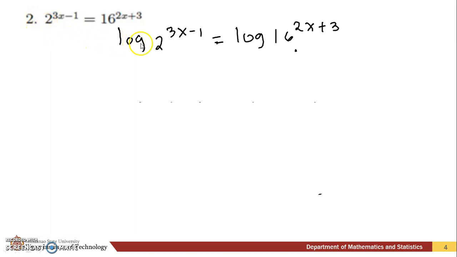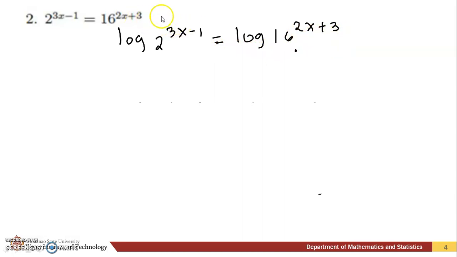For the second example, we have 2 to the 3x minus 1 equals 16 to the 2x plus 3. So again, just like what we did earlier, we take the logarithm of both sides. So we now have the logarithm of 2 to the 3x minus 1 equals the logarithm of 16 to the 2x plus 3.